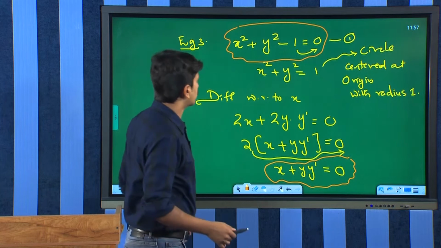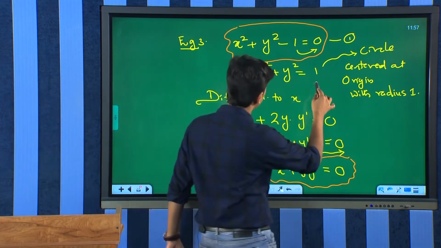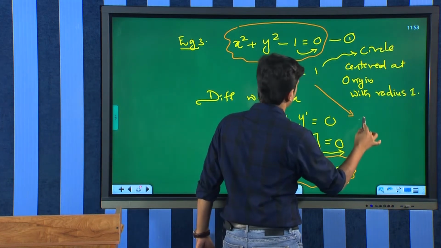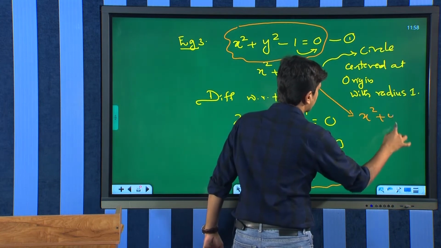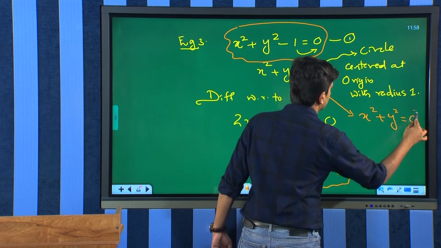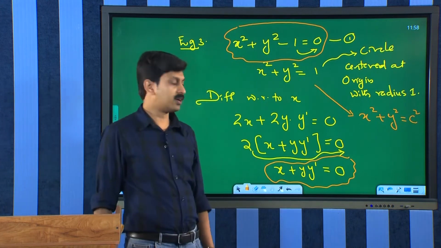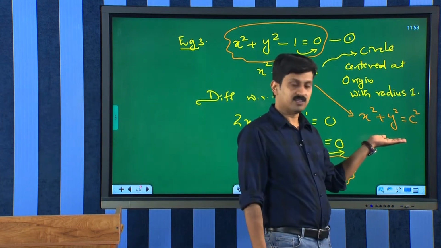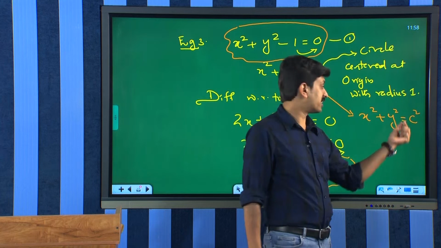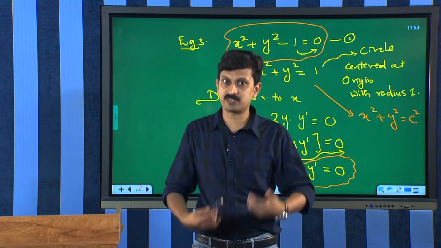See, I would like to put, instead of 1, x square plus y square is equal to c square. Well, this is the circle centered at origin with radius c, where c is an arbitrary constant.